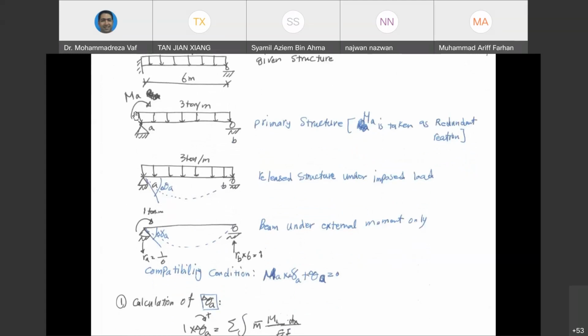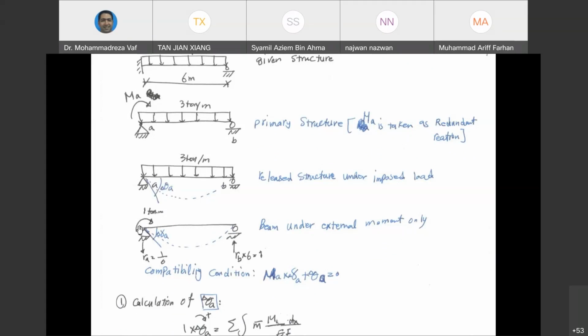So here, our structure is going to look like this one after we remove the bending moment. And in order to get MA, we are going to have two structures. One structure is going to have the external force. The second structure doesn't have any external force, but it's going to have a bending moment at point A. The job of this bending moment is to make this rotation, delta theta A, equal to zero.